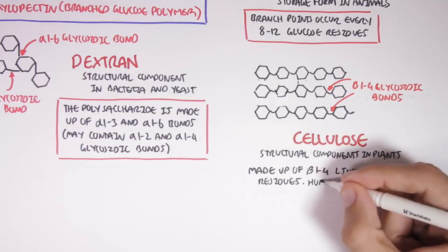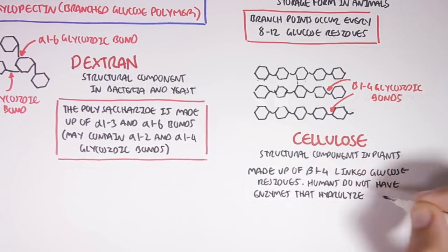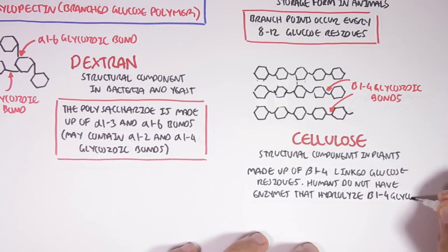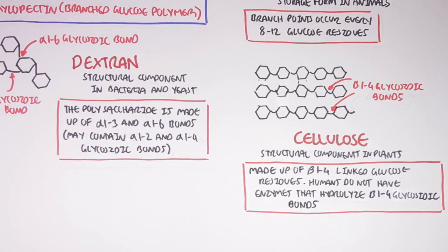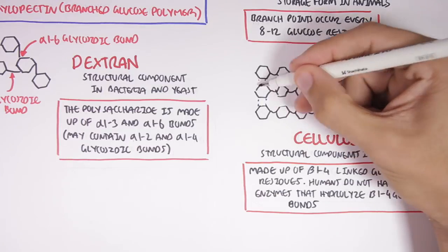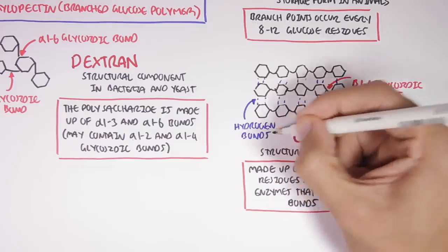Humans do not have enzymes that hydrolyze the beta-1,4 glycosidic bonds of cellulose. And so humans cannot digest cellulose. Now, even though cellulose consists only of chains of unbranched beta glucose, these chains can form hydrogen bonds with each other, forming a very strong structure.